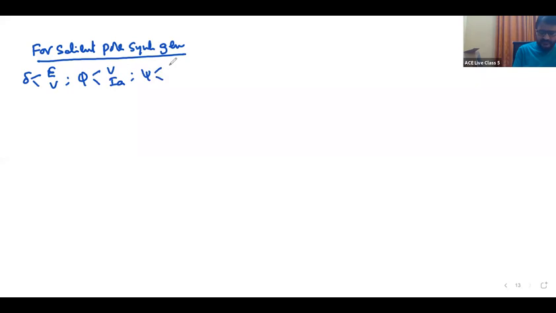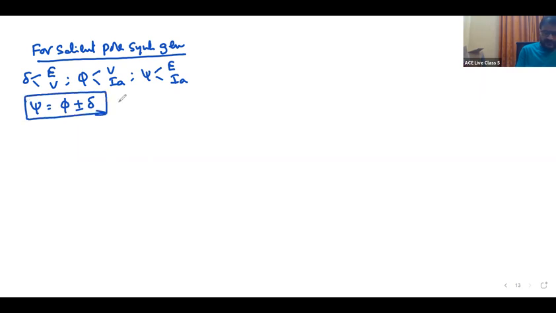Psi is the angle between E and IA. Psi is equal to phi plus or minus delta. Plus for lagging power factor and UPF, minus is for leading power factor.